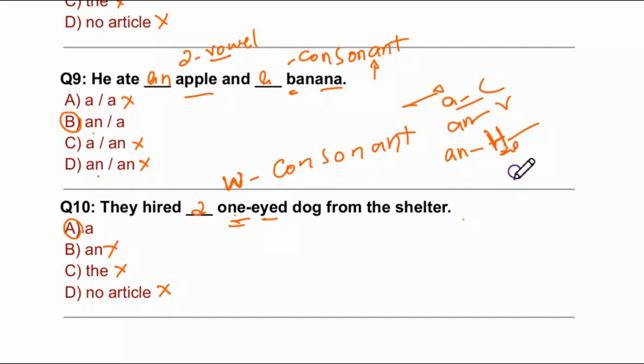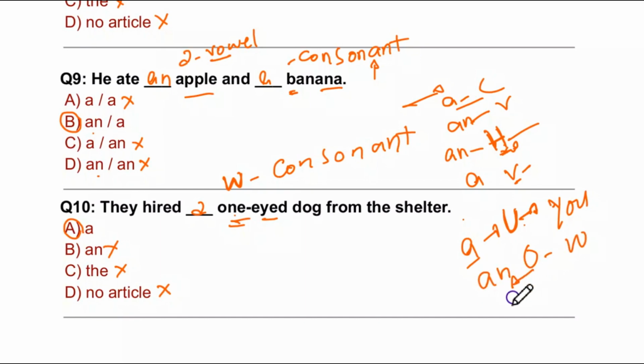And if the word begins with a vowel but the first letter sounds like a consonant, we use a, especially when we pronounce it like you. And if we pronounce O like W, we use a before the word.